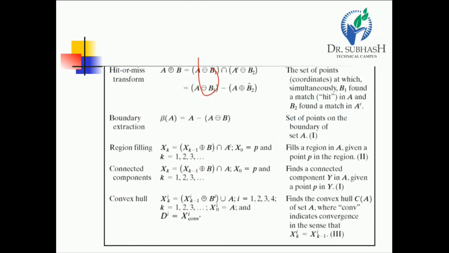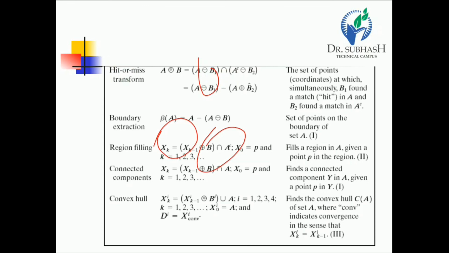Now boundary region filling is X of k, that is X of k minus 1 dilation with B, intersected with the complement of A. It fills a region in A given a point in the region.